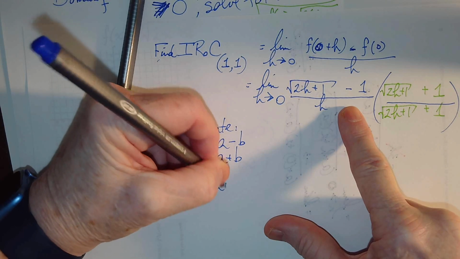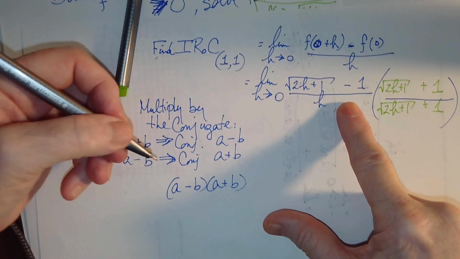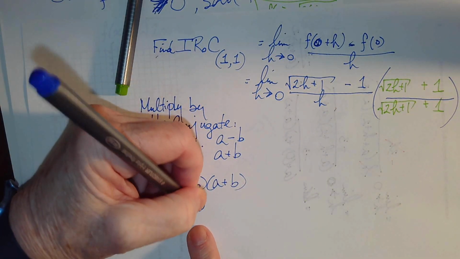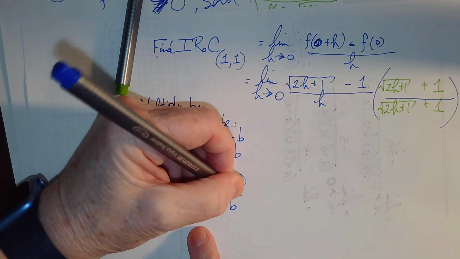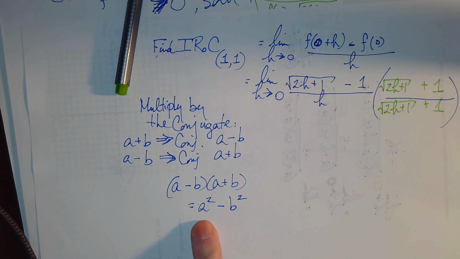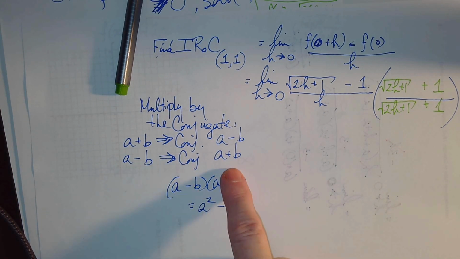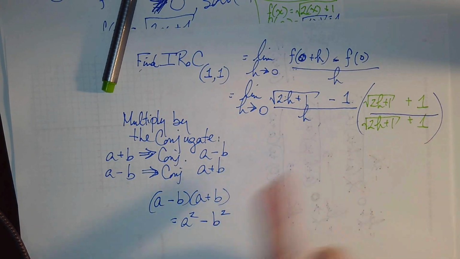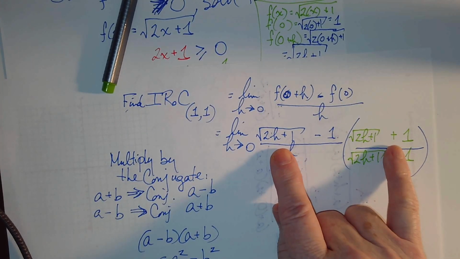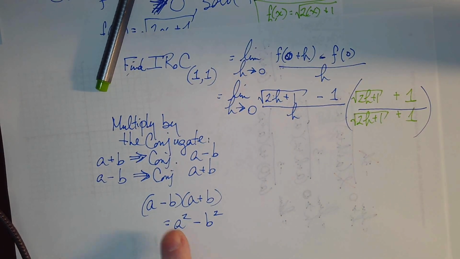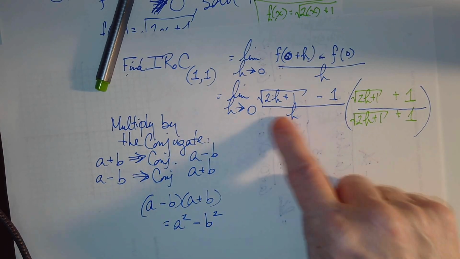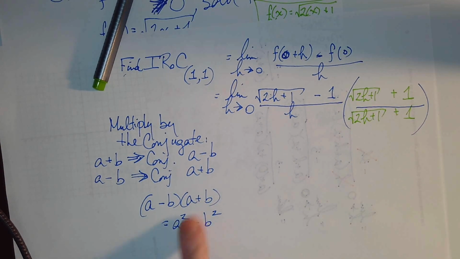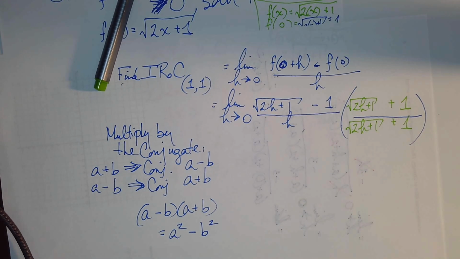If we multiplied by the conjugate, always we get a squared minus b squared. First term squared, minus sign, second term squared. And that's why we like this, because when we multiply by the conjugate, each original term is squared, so square root squared goes away, and there's no middle term.